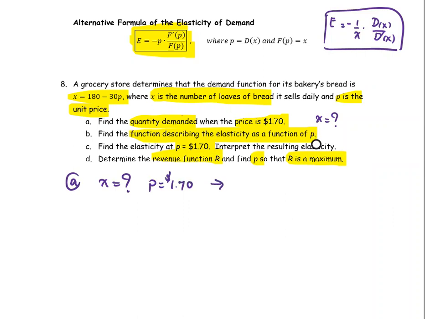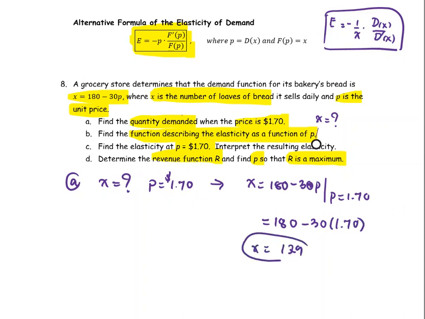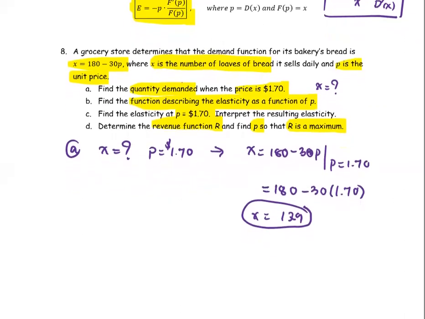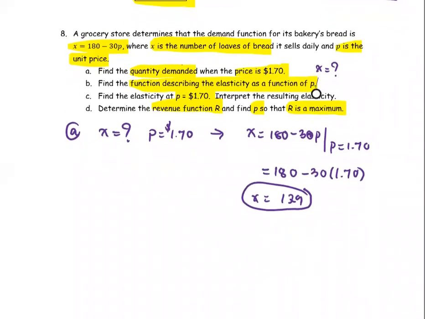From the demand function x equals 180 minus 30p, and computing with p equals $1.70, we get x equals 180 minus 30 times 1.70, which gives us x equals 129. So 129 is the quantity demanded when the price is $1.70 per item, or per loaf.